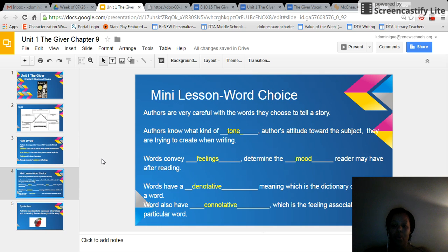Word choice. Word choice is extremely important in any text, but especially in The Giver, because remember, Lois Lowry has been very careful about the words that she has chosen to tell this story. Her tone or her attitude toward this subject of utopia, dystopia is very clear.